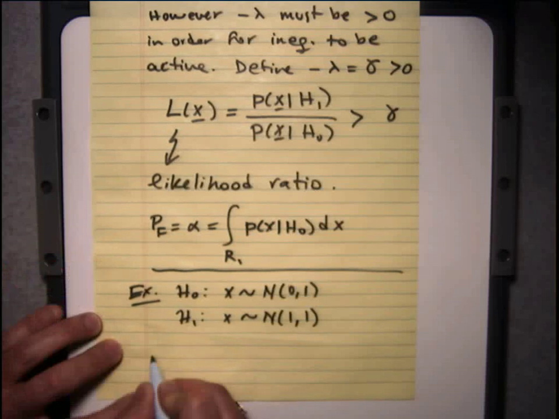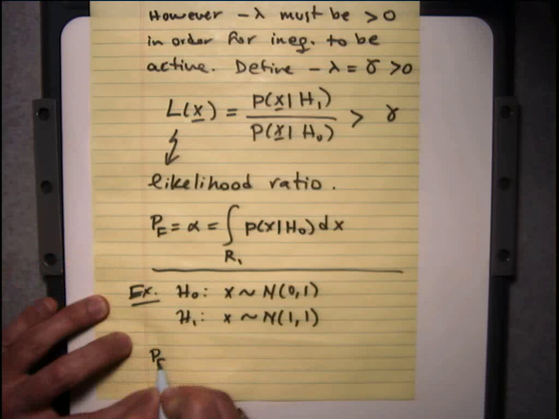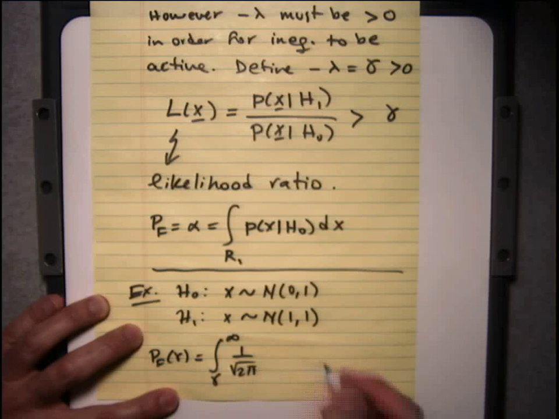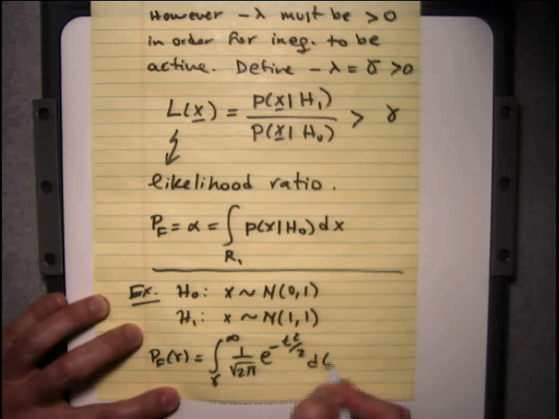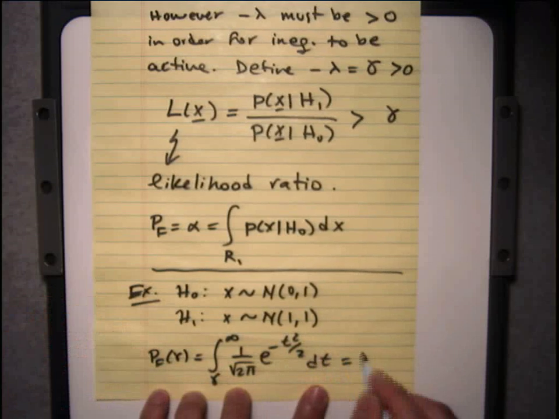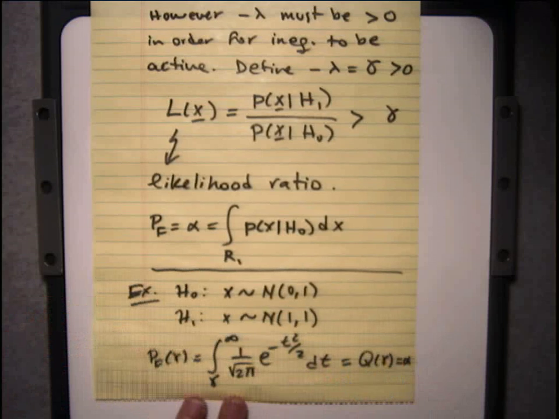So the probability of false alarm as a function of gamma is the integral from gamma to infinity of 1 over square root of 2 pi e to the minus t squared over 2 dt. This is the Q function. Q of gamma is equal to alpha. You're choosing the alpha.